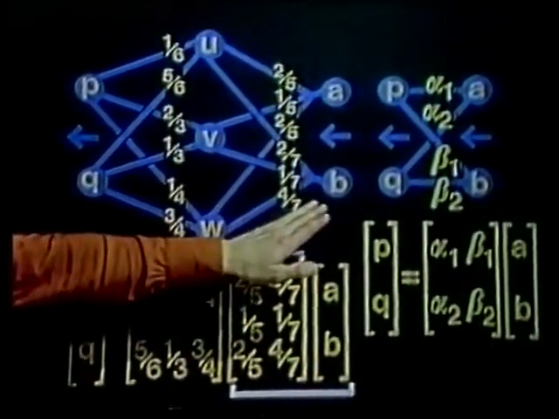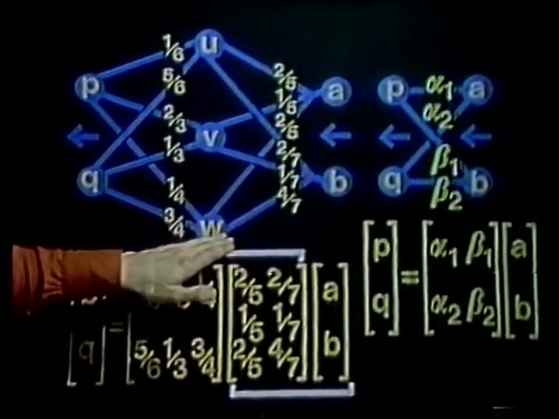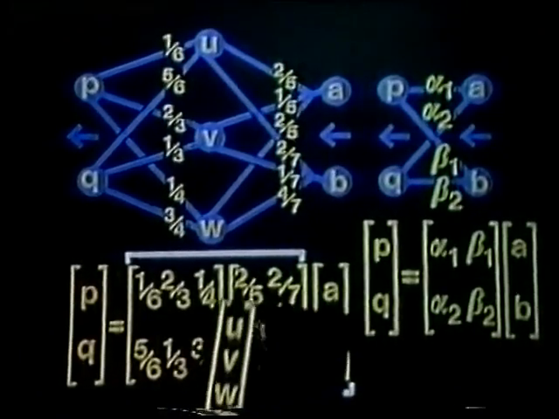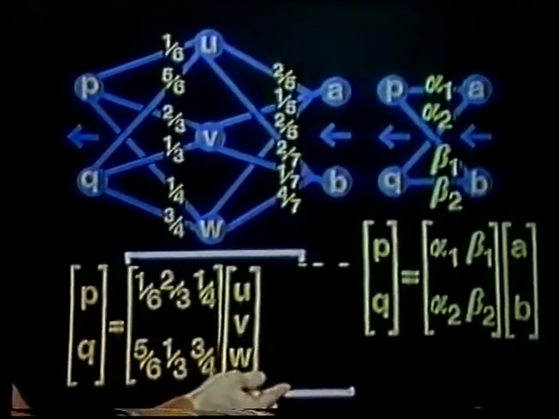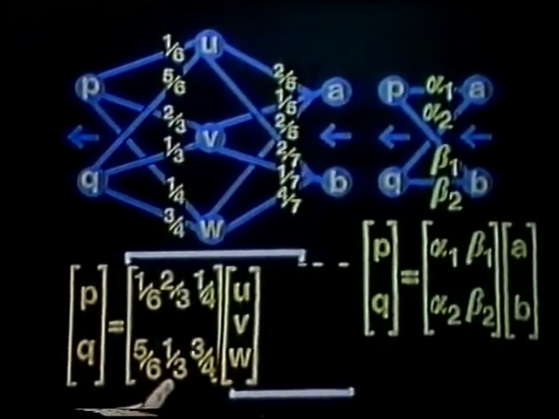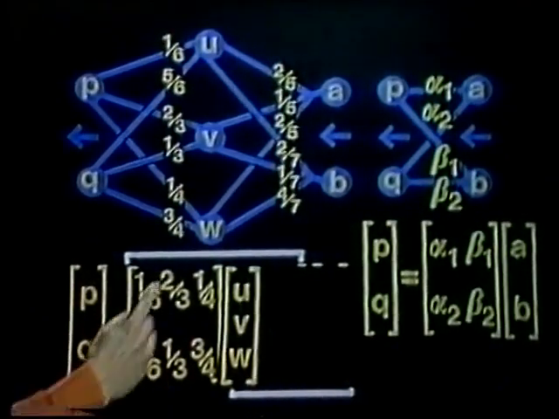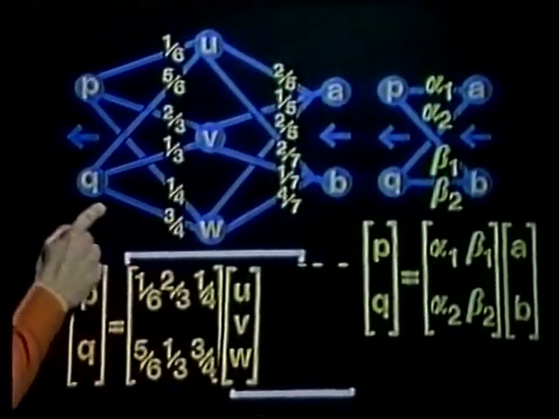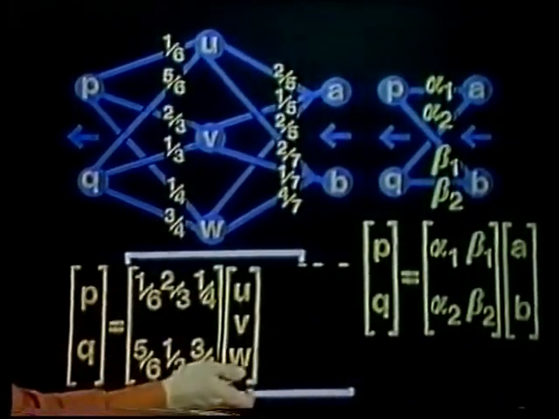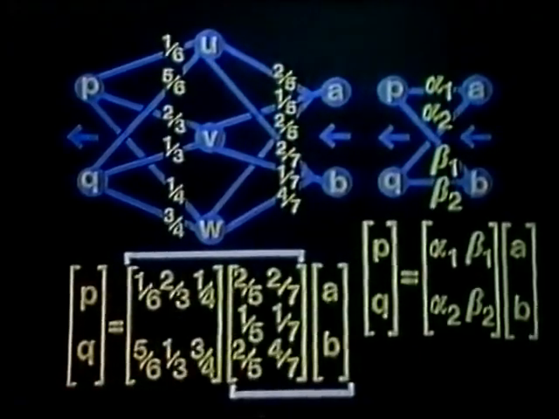That's just calculating the output of this first network. The output is UVW, so we can insert that here. But then we want to multiply by this matrix, and that's just computing the output of this network, which is again PQ. So as far as the networks are concerned, the answer is PQ both ways.